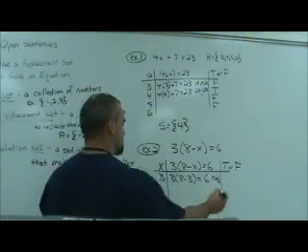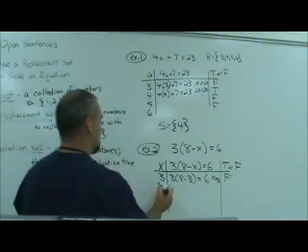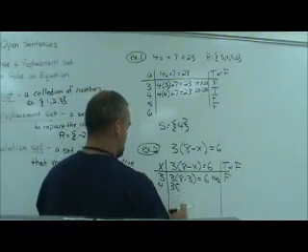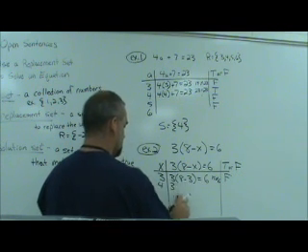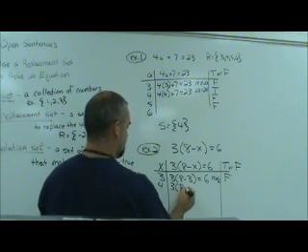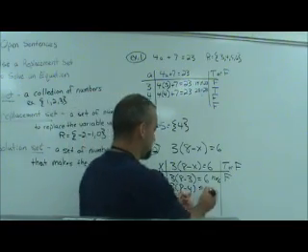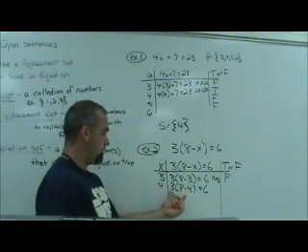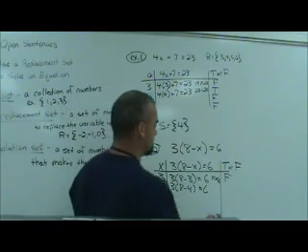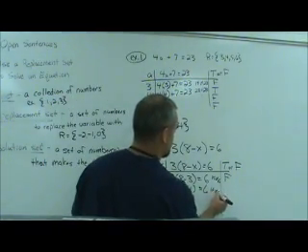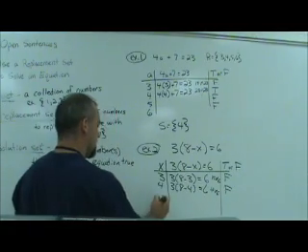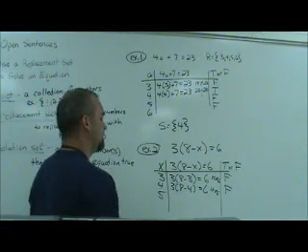So I'm going to put false. Let's try 4. 3 times (8 minus 4). Does that equal 6? 8 minus 4 is 4. 3 times 4 is 12. 12 does not equal 6. So that's false.